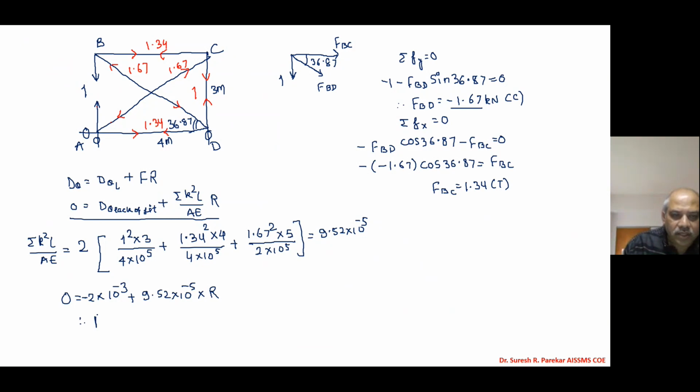And if we solve this, we will get the value of R equal to 21 kilonewtons.